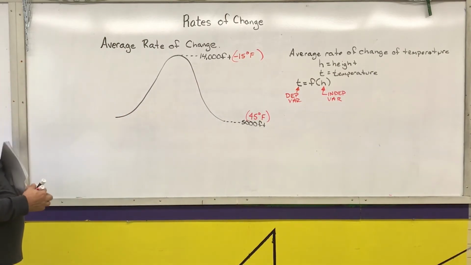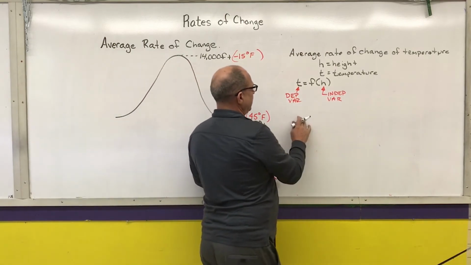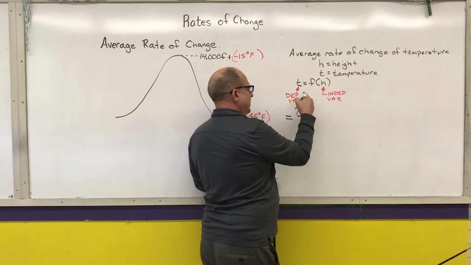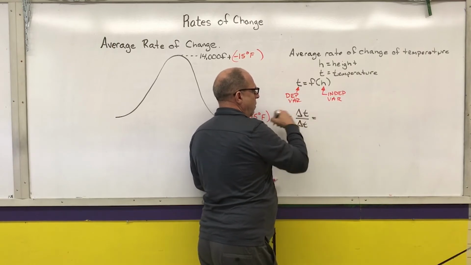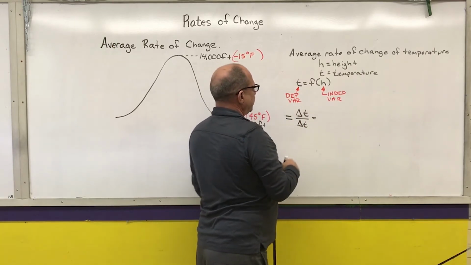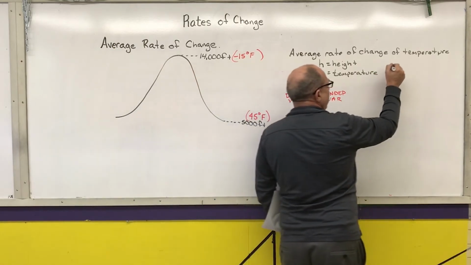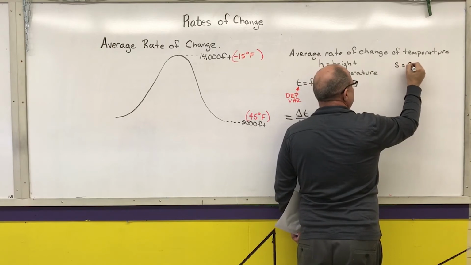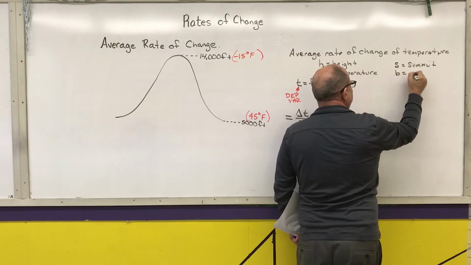So I want to find the average rate of change. Well, we said that the average rate of change is equal to the change of the dependent variable over the change in my independent variable. So I'm going to use a subscript S to mean the summit, and I'm going to use a subscript B to mean the base.